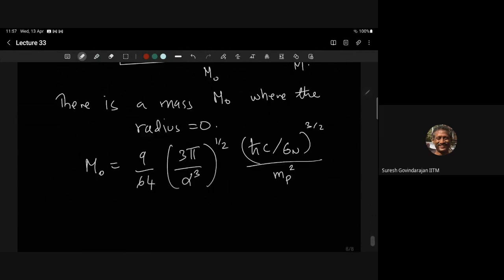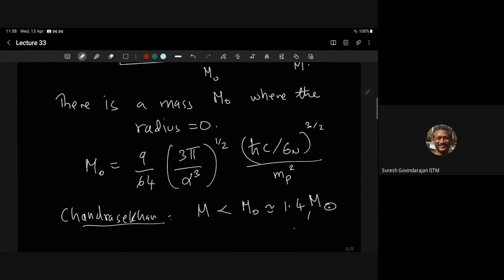Okay, and a nice calculation shows that, for Chandrasekhar, m should be less than m naught, which in this case is I think 1.4 times the mass of the sun. So this was his great observation, that white dwarfs should have mass less than or equal to 1.4.